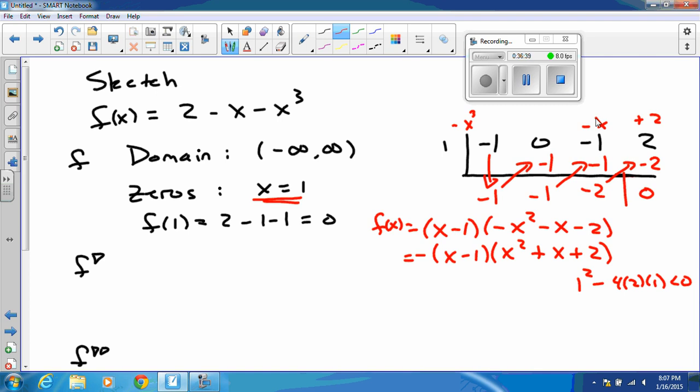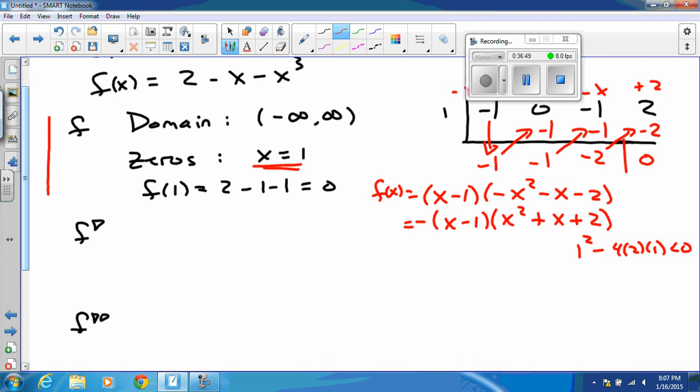And then I look at this and realize that it is definitely not going to factor. When I try its discriminant, 1 squared minus 4 times 2 times 1, which is less than 0, I realize it has no other real zeros. It has just this one zero, x equals 1. So the information that we get from f are the domain, and then zeros by factoring if we can.